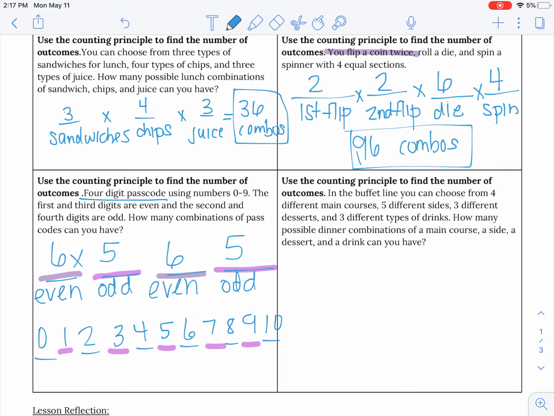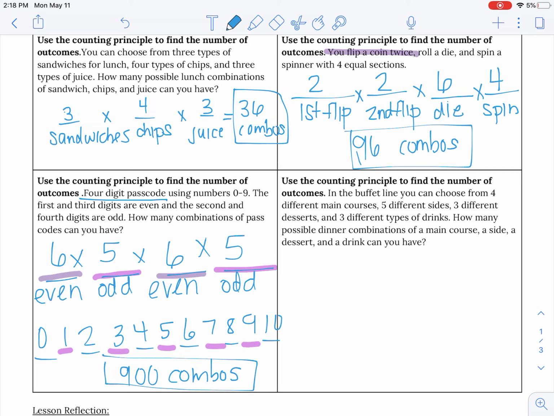So when I multiply these all across, that's going to give me a very large number of outcomes, because 5 times 6 is already 30, times 6 is 180, times 5 is 900 different combinations. And that is why we use so many different numbers on that, to make so many different combinations possible.